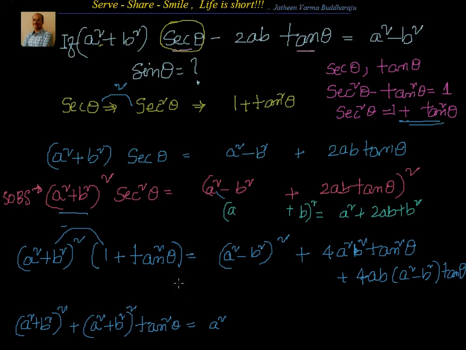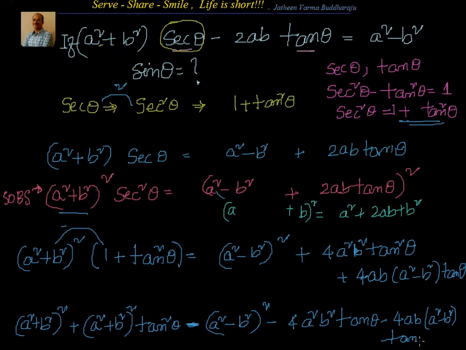Let's get everything onto the left hand side so that we can make it equal to 0. So this will become minus of (a square minus b square) whole square minus 4a square b square tan square theta minus 4ab into (a square minus b square) into tan theta equal to 0.